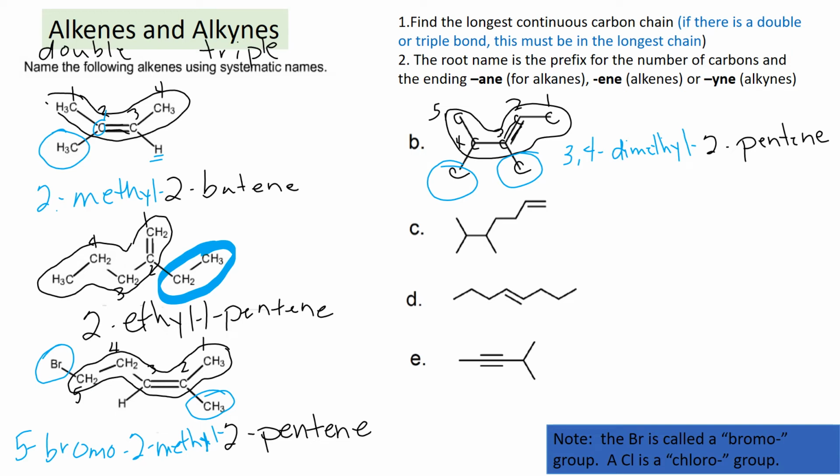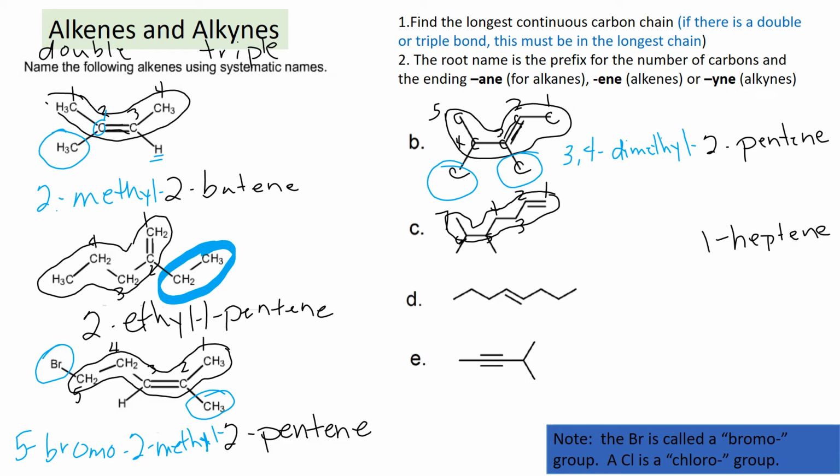This one, we have our longest chain being right here. And we'll number them 1, 2, 3, 4, 5, 6, 7. So 7 is heptene. And the double bond is on the very first carbon.